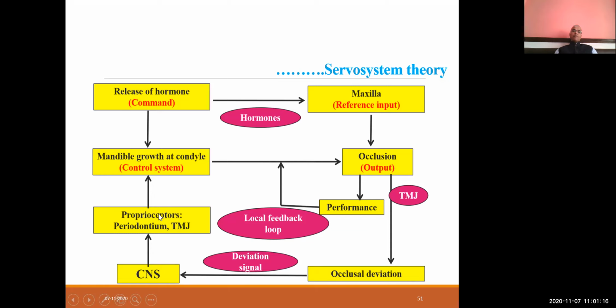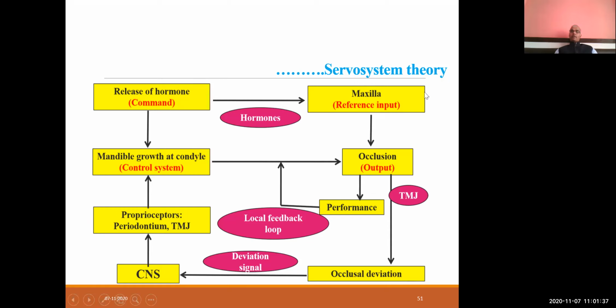So the change in the occlusion is perceived by the CNS, the central nervous system, and from here it gives the signal for the growth of the mandible. And then again normal occlusion is achieved.